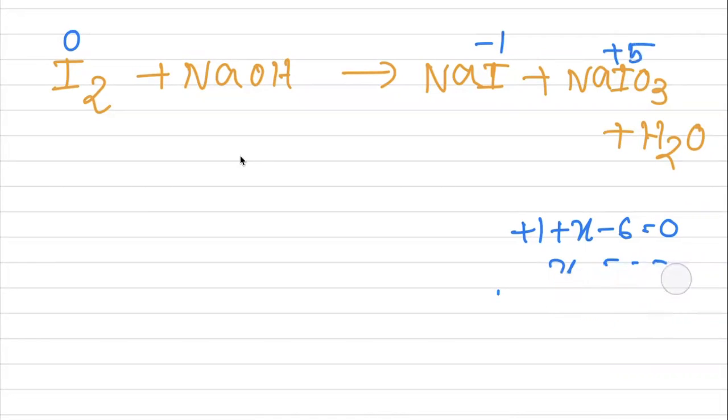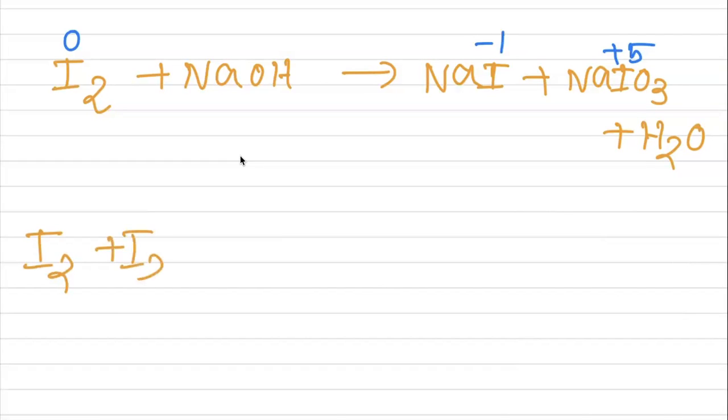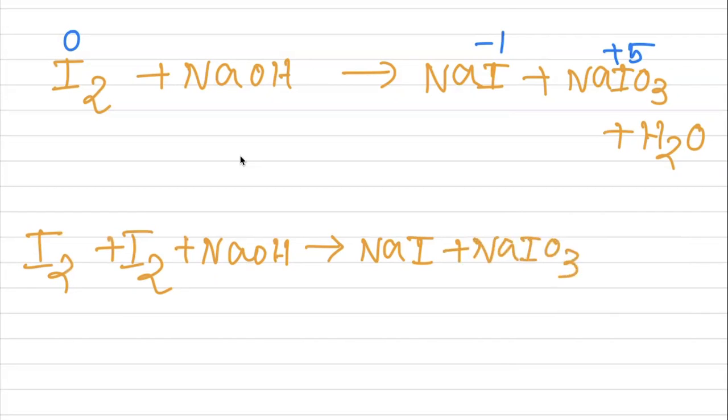Yes, miss. Now, the interesting fact is that one iodine undergoes reduction, 0 to -1. In another case, 0 to +5, oxidation takes place. So for this type of reaction, I can write I2 plus I2 plus NaOH forms NaI plus NaIO3 plus H2O.